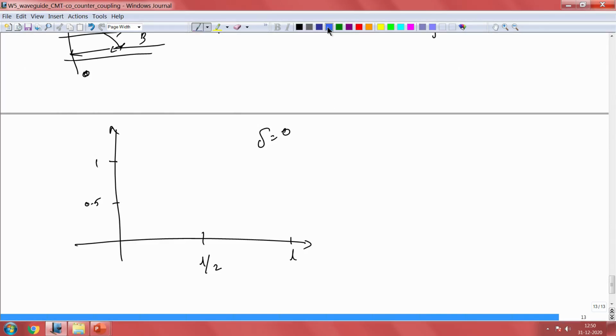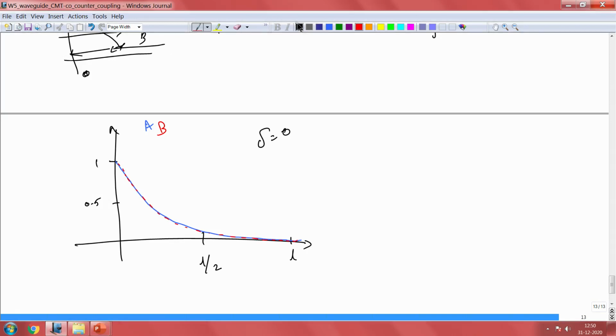I will pick up again A and B. The power exchange between the counter directional coupling modes would look like a decay function. It's hyperbolic here. You start from 1 and what you will see is it just decays down and goes like this. And for B also you will have the same thing.